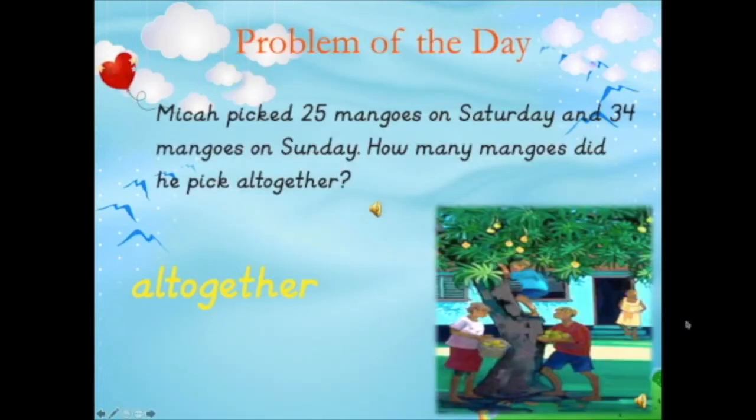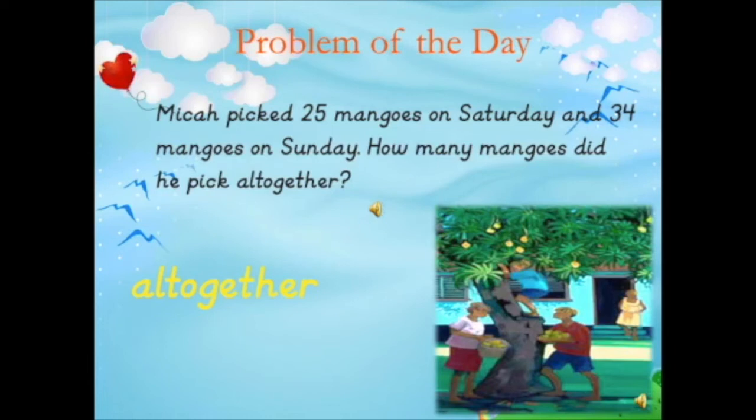Problem of the day. Michael picked 25 mangoes on Saturday and 34 mangoes on Sunday. How many mangoes did he pick all together? Did you see a word that tells us to add?